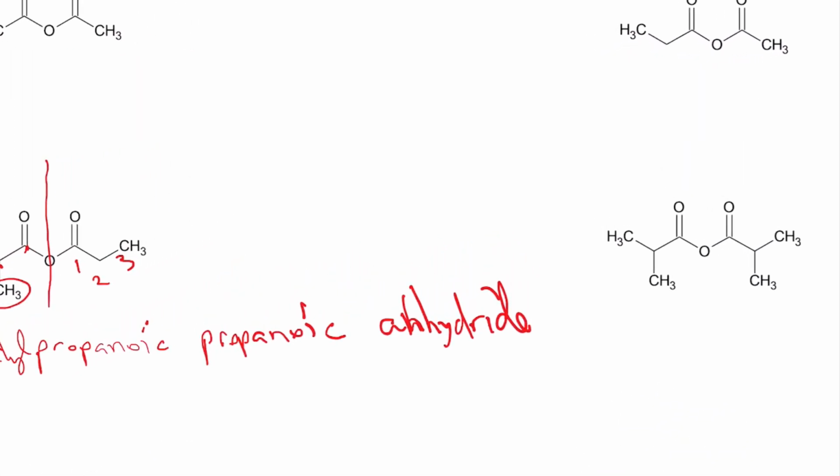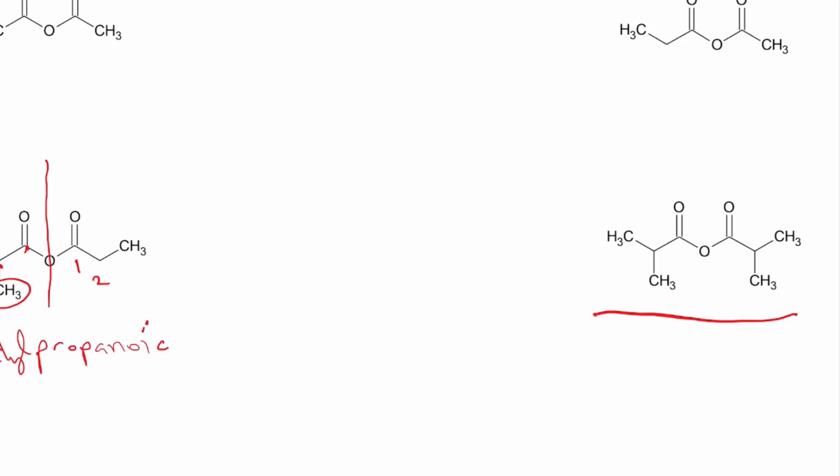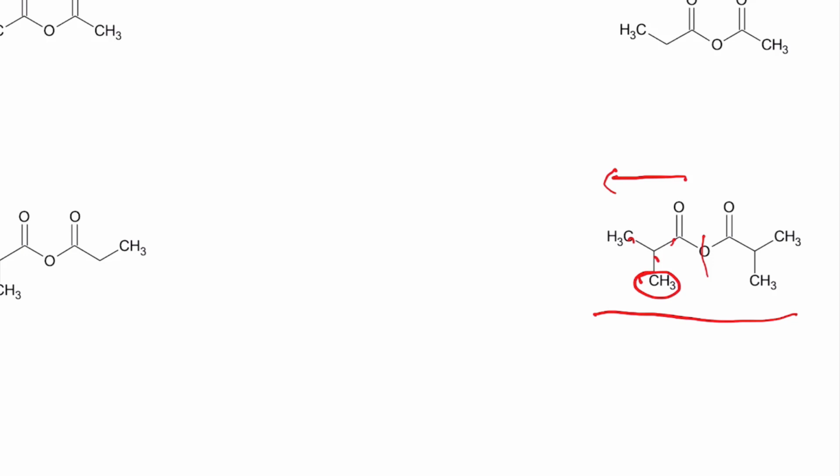So similarly then, I can get to a molecule that is more symmetric. Even though it looks complicated, we don't have to write out the full name of it because of the symmetry. So I'll erase this here as I go, and we'll start to name this one. So on one side here, the acid was 1, 2, 3. It's a propane group, so it's a propanoic acid. And in the 2 position is a methyl group.